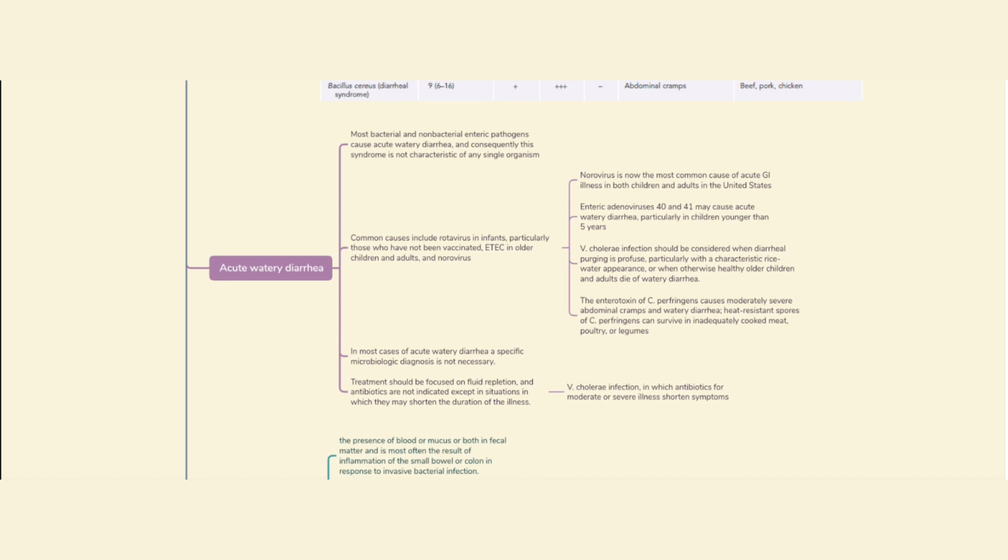Another type of watery diarrhea that we should really look for, because it has a slightly different type of watery diarrhea. Since all watery diarrheas come without fever, sometimes it can be mistaken as non-serious, and most of them are not. They can be really self-limited and go by themselves.